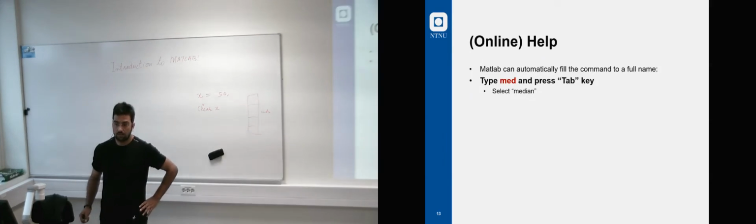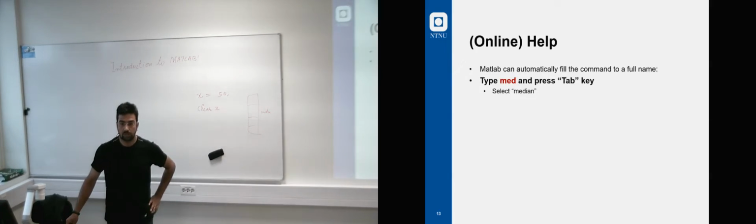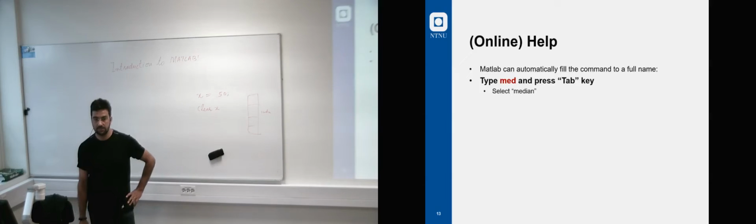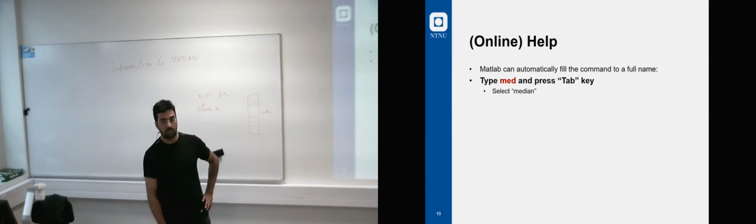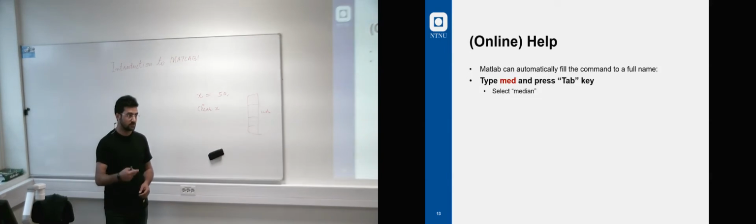For example, median is a function in MATLAB, and you don't know how median is spelled, or what the template to write it is. You write a few letters that you remember, then hit the tab key. It will give you the options. Then out of those options, you can select which one you want.